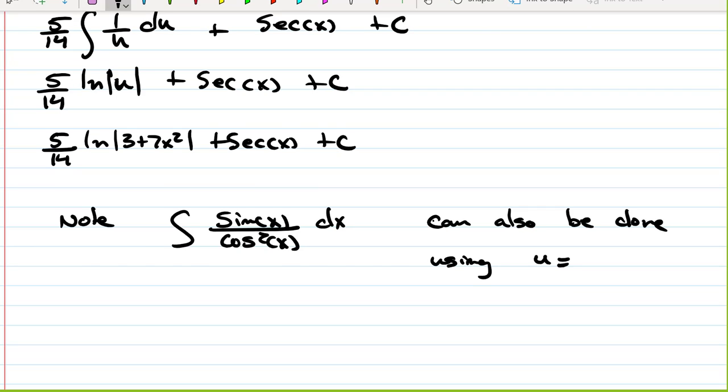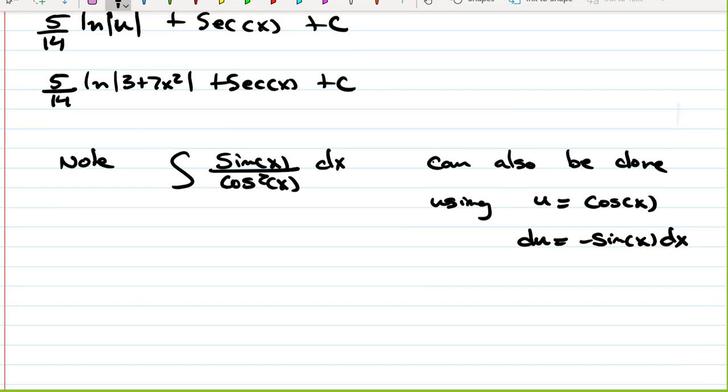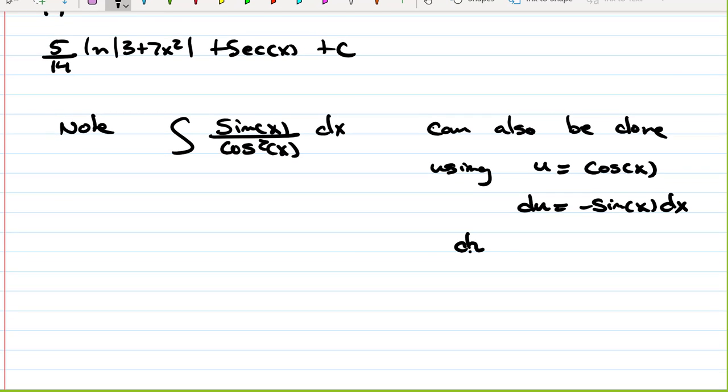And if we let u equal cosine x, then du would be negative sine x dx. Or, solving for dx, dx is equal to negative du over sine x.